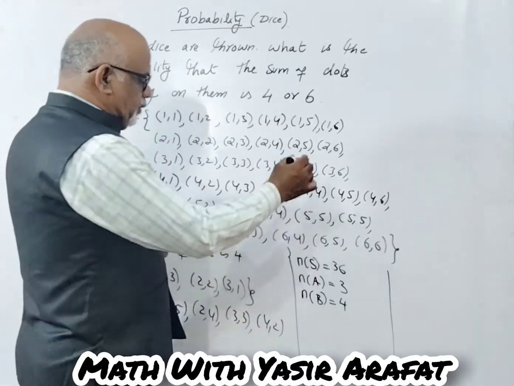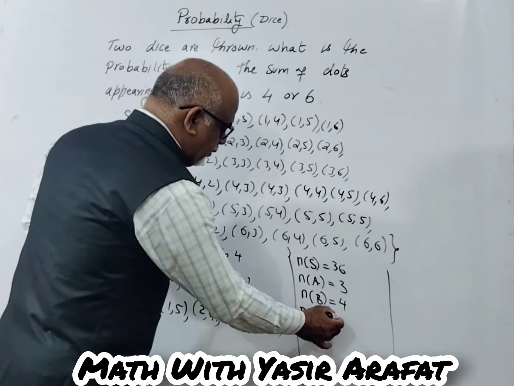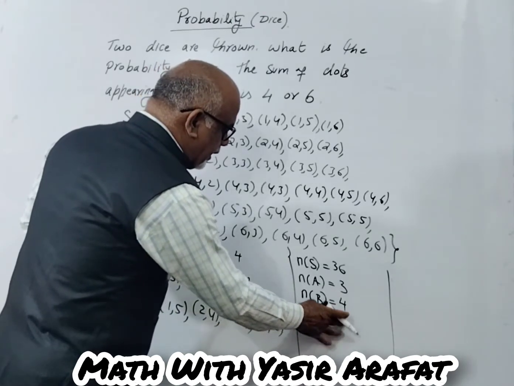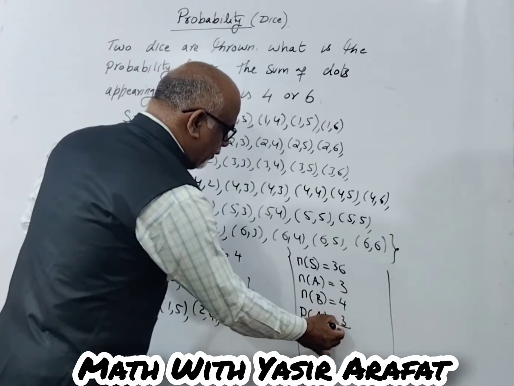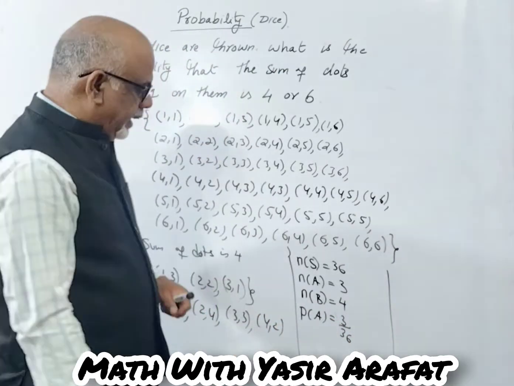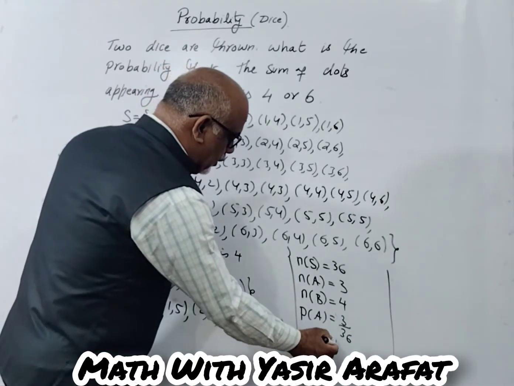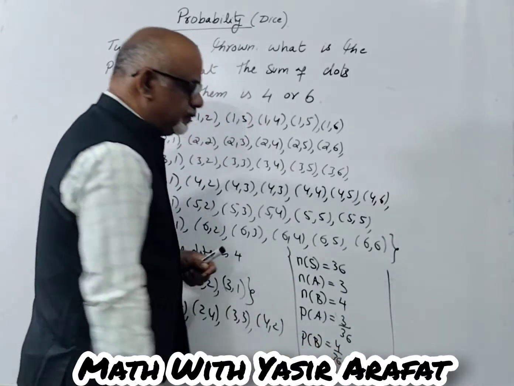So the probability of A is the number of elements in the event divided by the number of elements in the sample space. Now the probability of B is 4 over 36.